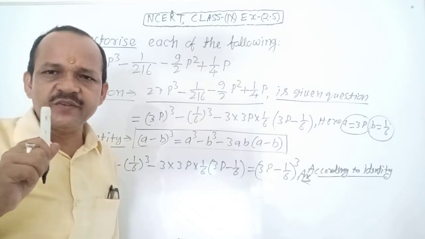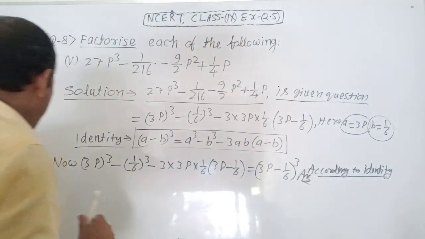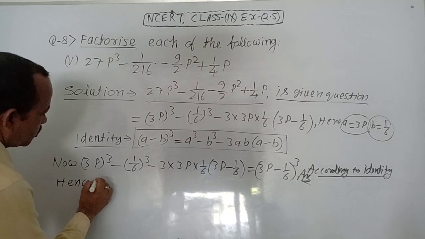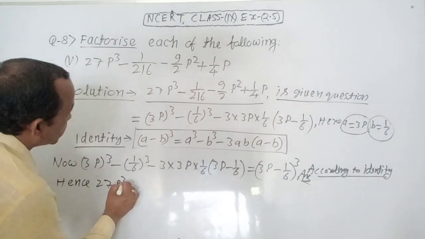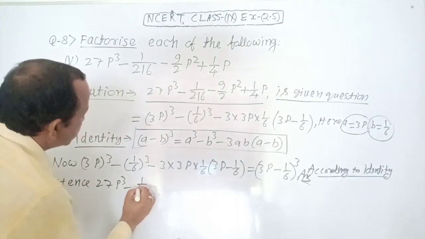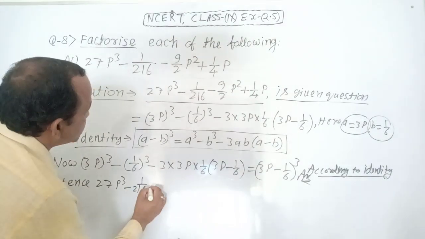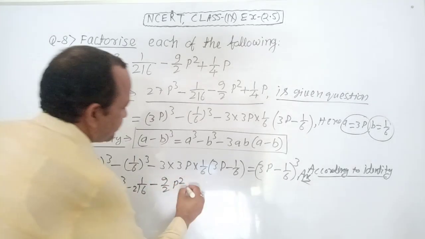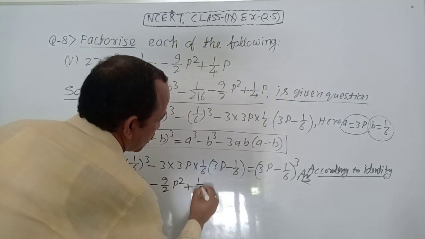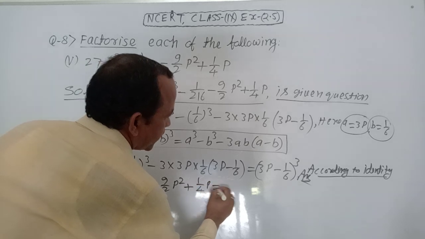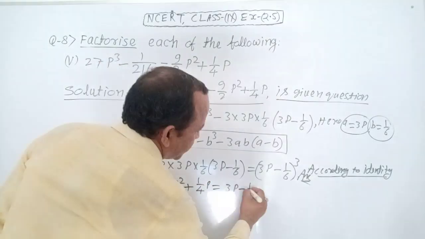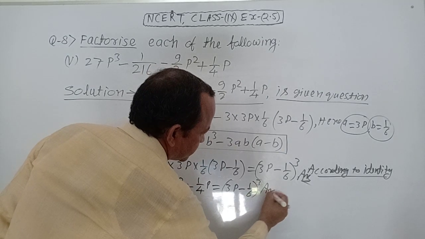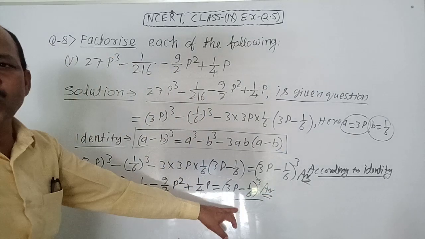Clear? No confusion about it? Very good. Hence, 27p cube minus 1 by 216 minus 9 by 2 p square plus 1 by 4 p equals (3p minus 1 by 6) cube. It is your answer.